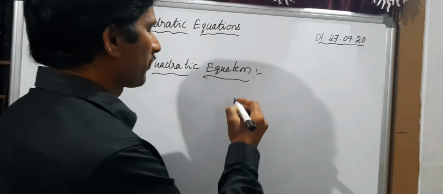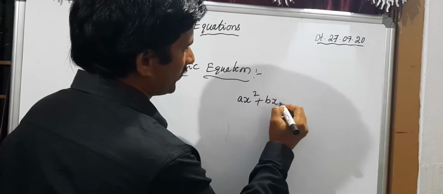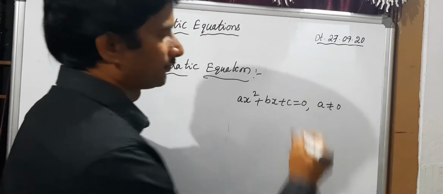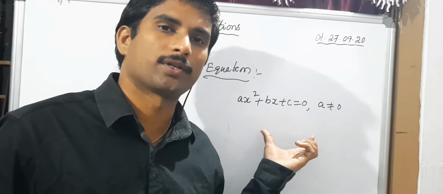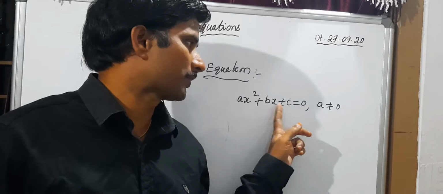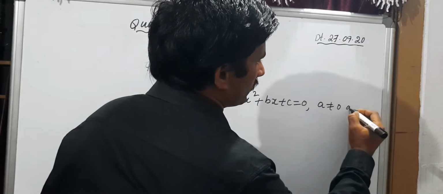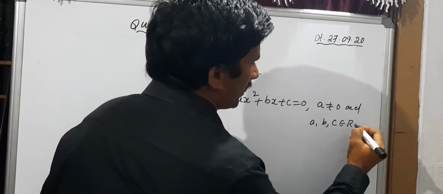The standard form of a quadratic equation is ax square plus bx plus c equal to 0, where a not equal to 0 and a, b, c are real numbers.